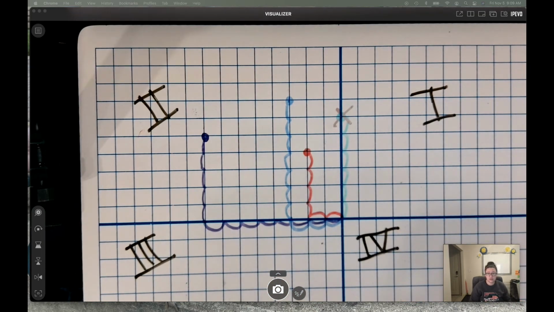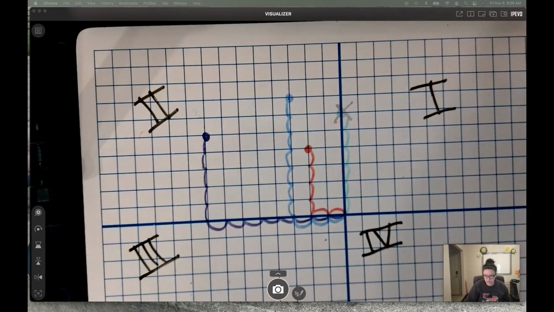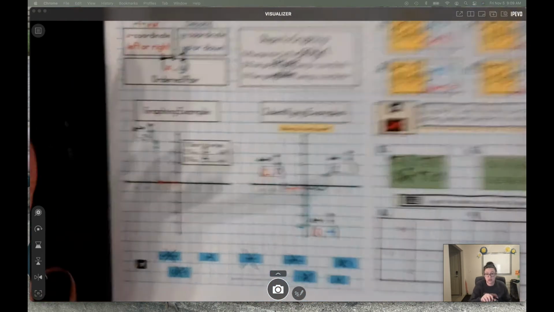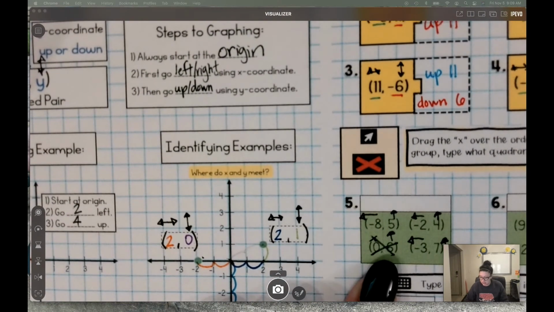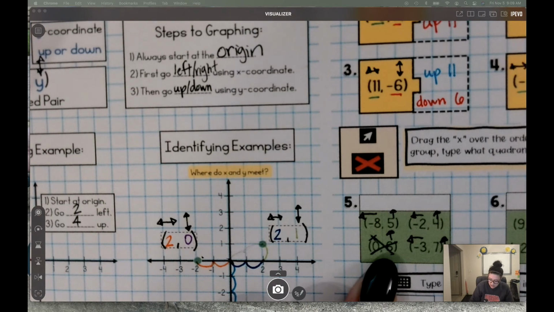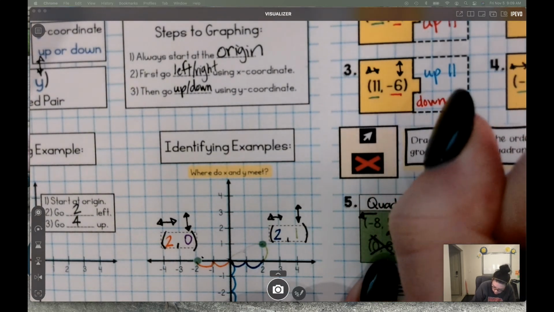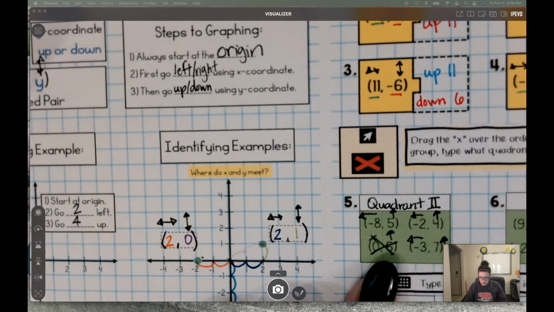So what quadrant are all those points in? They're all in quadrant 3. So what I would want to write out on here is that 0, 6 does not belong. And then this is in quadrant 2.